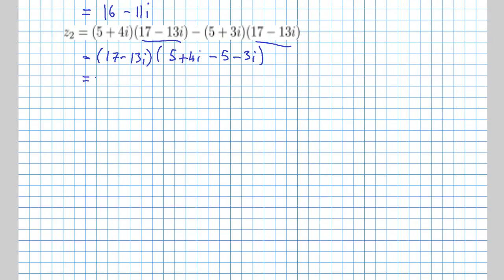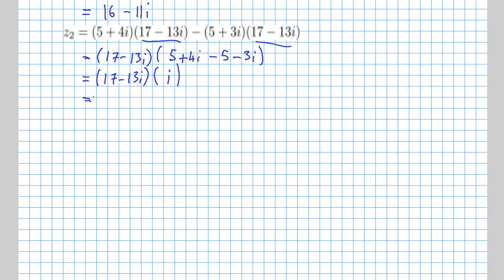So at this stage, if you want to, you can distribute. I'm not going to yet, because I noticed that I can simplify this second bracket. I've got a 5 minus a 5, so that's just a 0. And I've got a 4i minus a 3i, which is just i. So now this question is a whole lot simpler. There's just a tiny bit of multiplication to do.